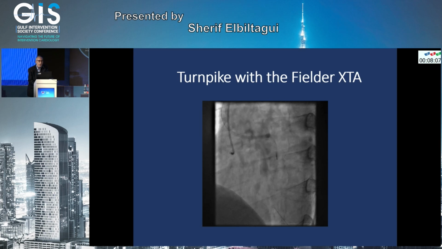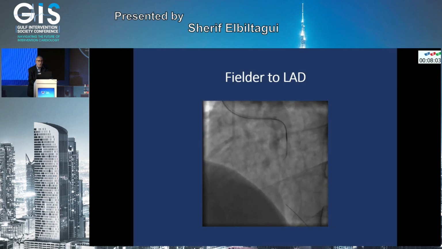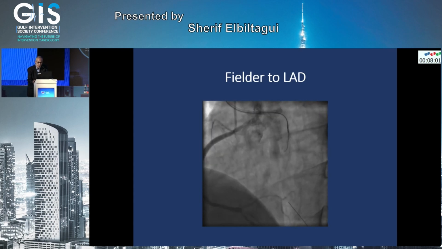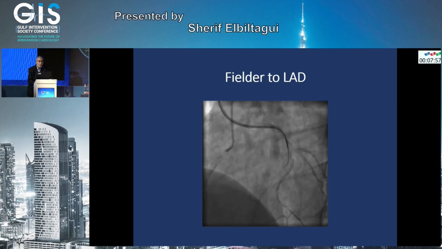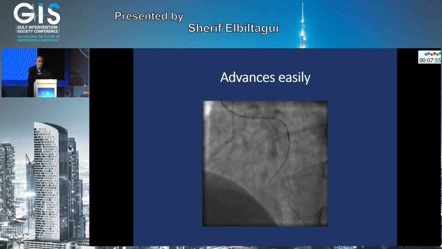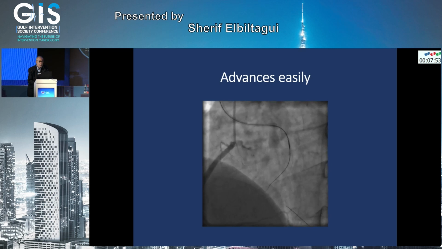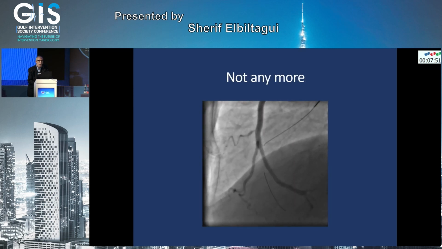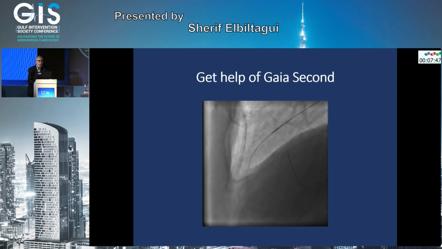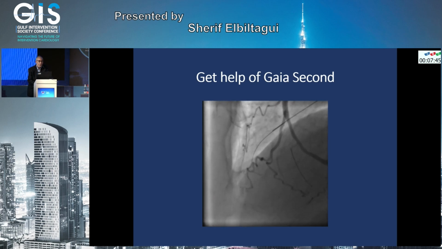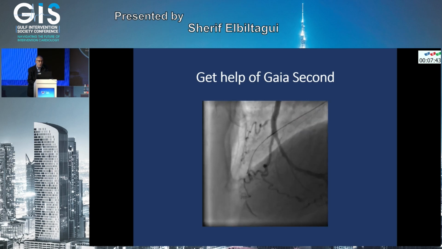I picked a Turnpike microcatheter, and the Fielder could negotiate the ambiguous stump in the mid LAD and advanced easily, as you see, but not anymore in the mid LAD. So I got the help of a second Gaia, and advanced the microcatheter distally.